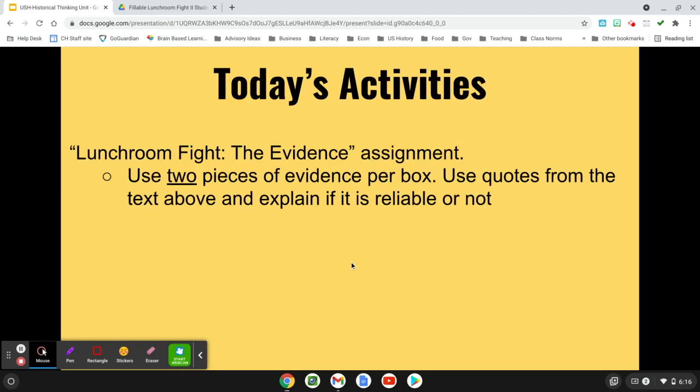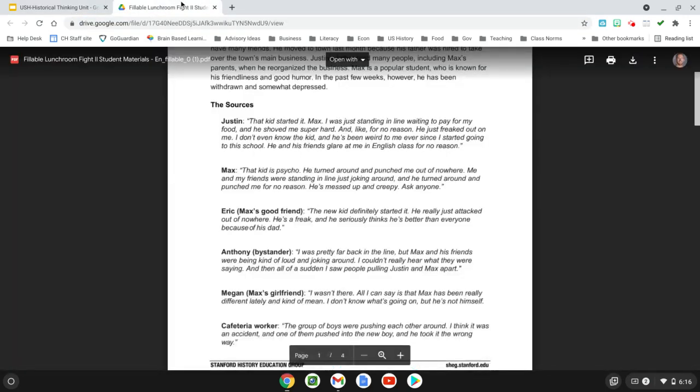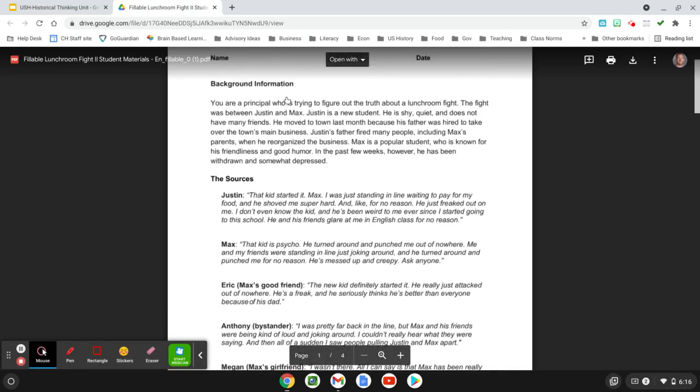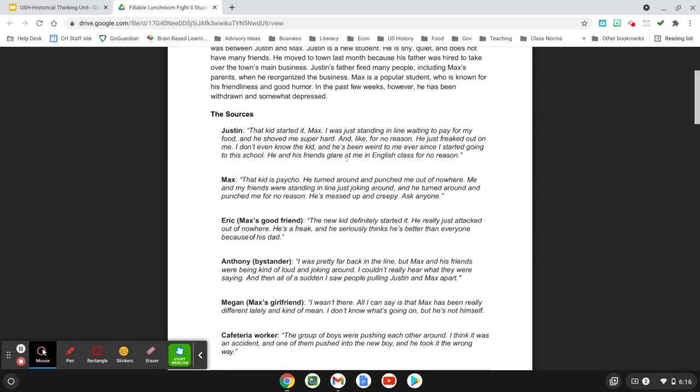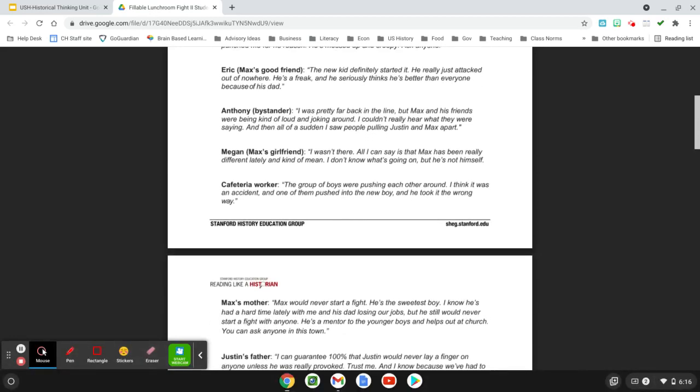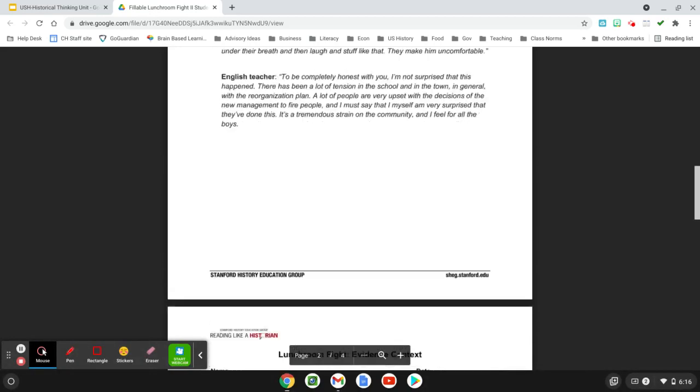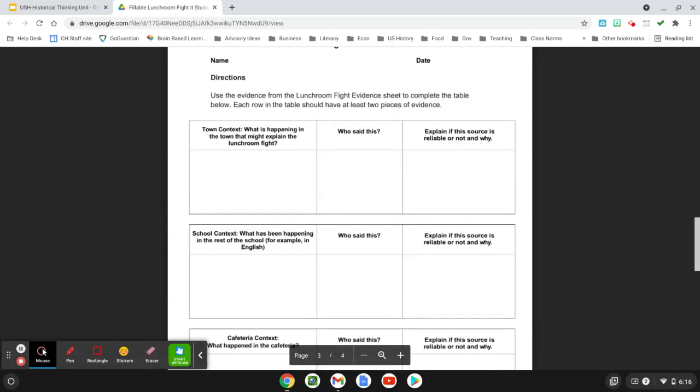What you're going to be doing today is putting all these pieces together and looking at evidence from multiple perspectives. There's a little bit more background information here at the top, and then you're going to go through and look at sources from Justin, Max, some of their friends, some adults, and really try to figure out what happened at this event.